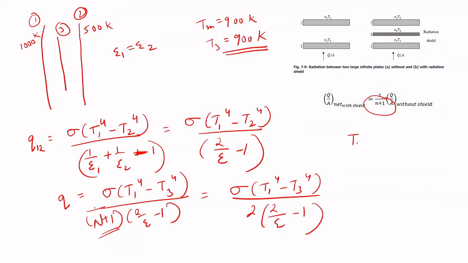Now here the values we have been provided are T1 is 1000 Kelvin, T2 is 500 Kelvin, and T3 is 900 Kelvin. So I will be equating these two terms, and then we will be finding the value of maximum n plus 1.